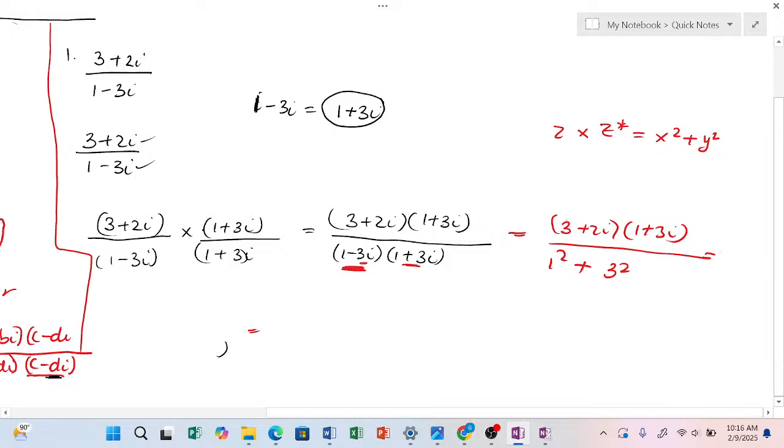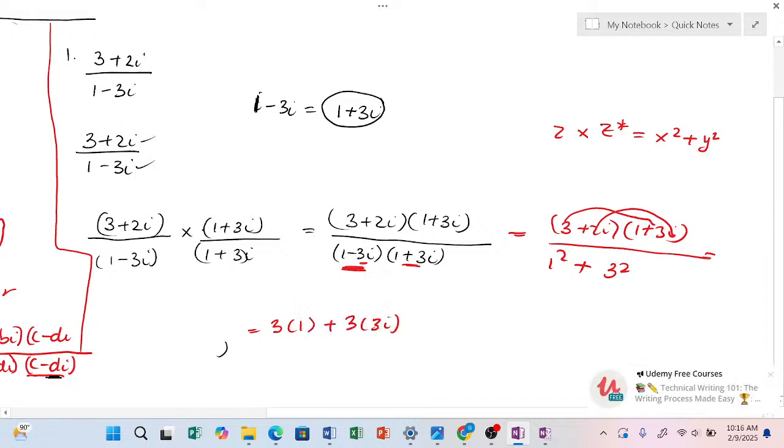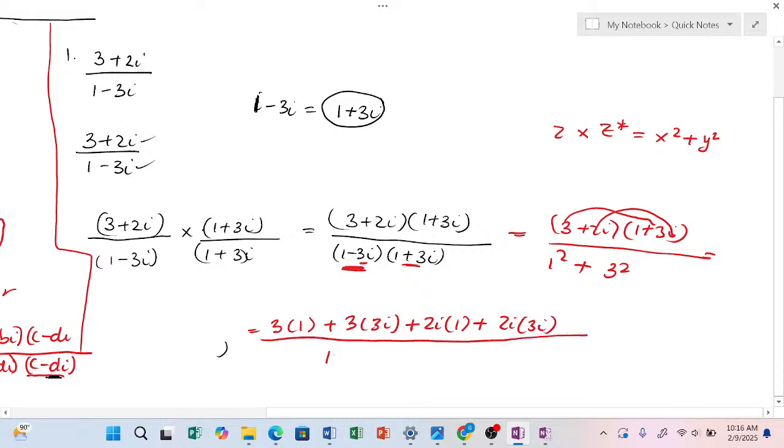Then I do my computation at the top. This times this and this times that, right? So I have 3 times 1 plus 3 times 3i, plus 2i times 1 plus 2i times 3i, all over 1 plus 9. And so this is going to give me 3 plus 9i plus 2i minus 6, because 2 times 3 is 6, i times i is minus 1, all over 10.